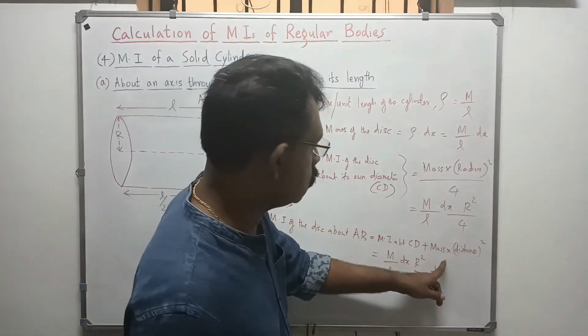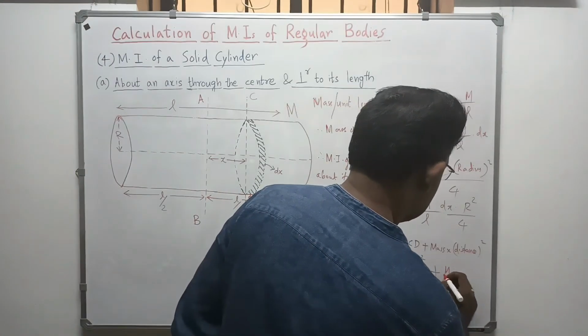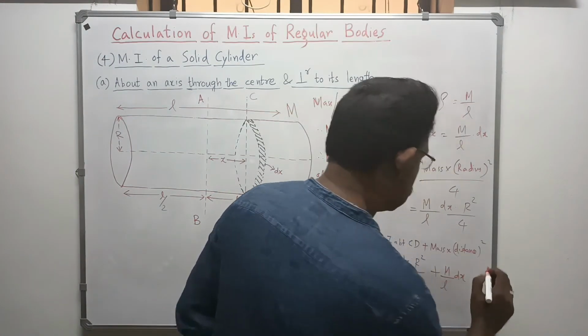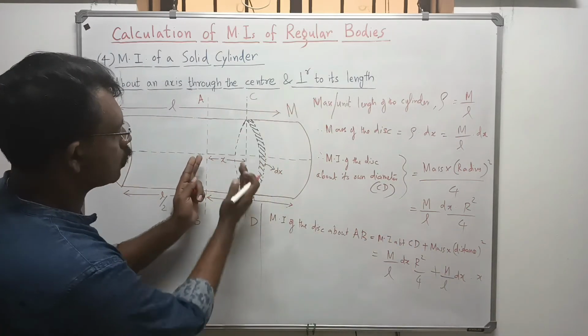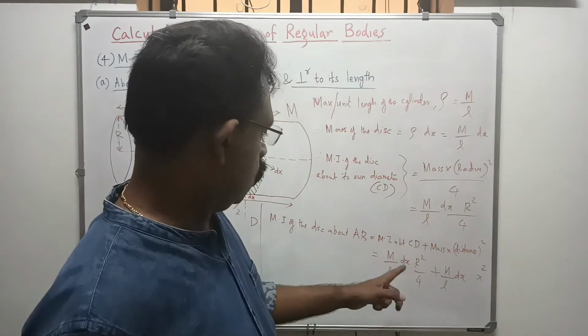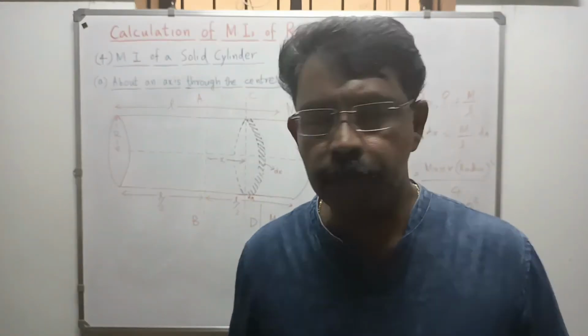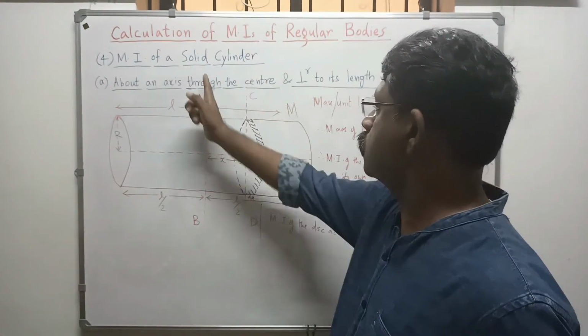Mass of this one is m by L into dx, into distance squared. The distance between these two axes is x, that is x squared. So after simplifying this, we will be getting MI of this disk about AB.